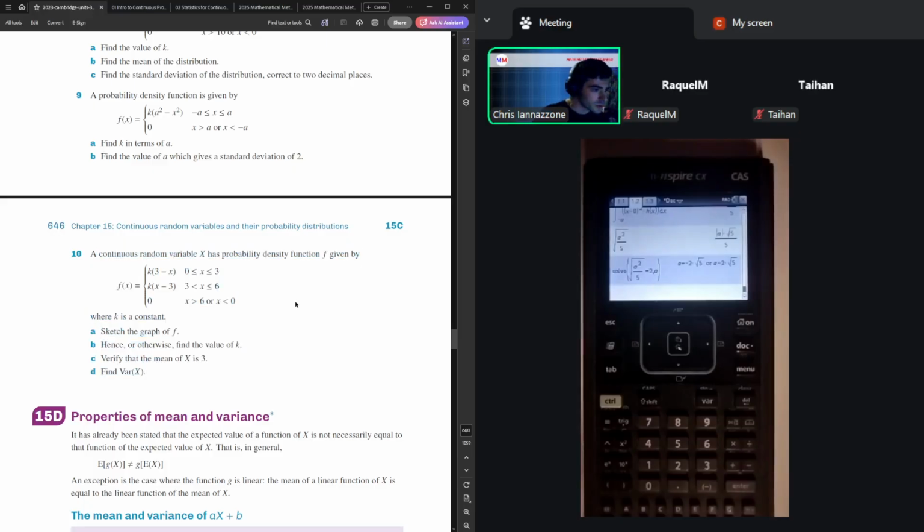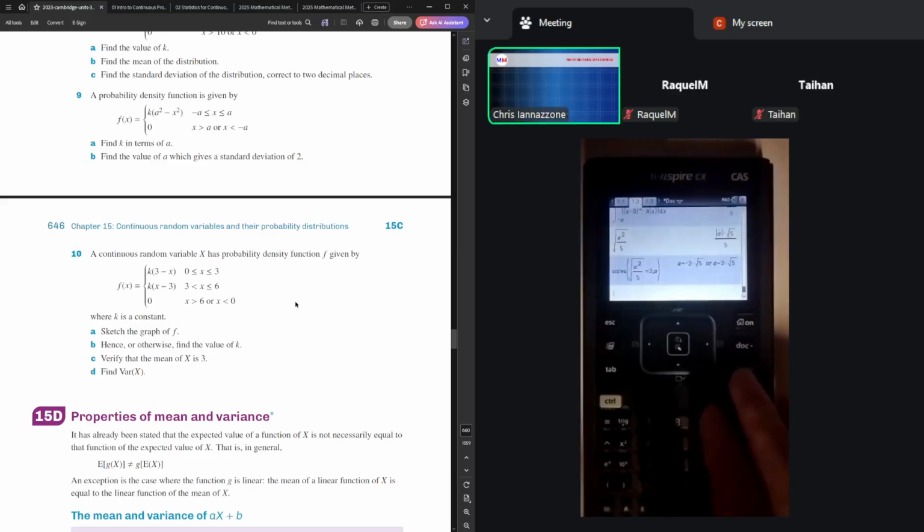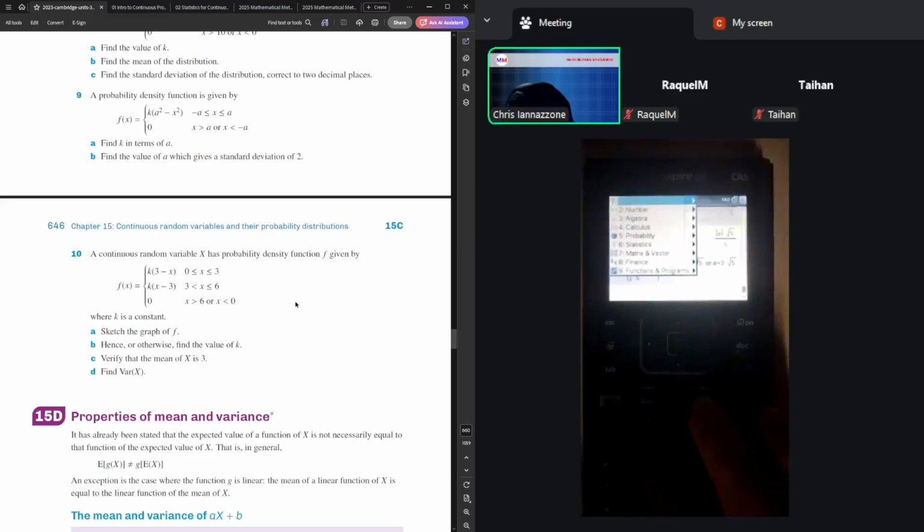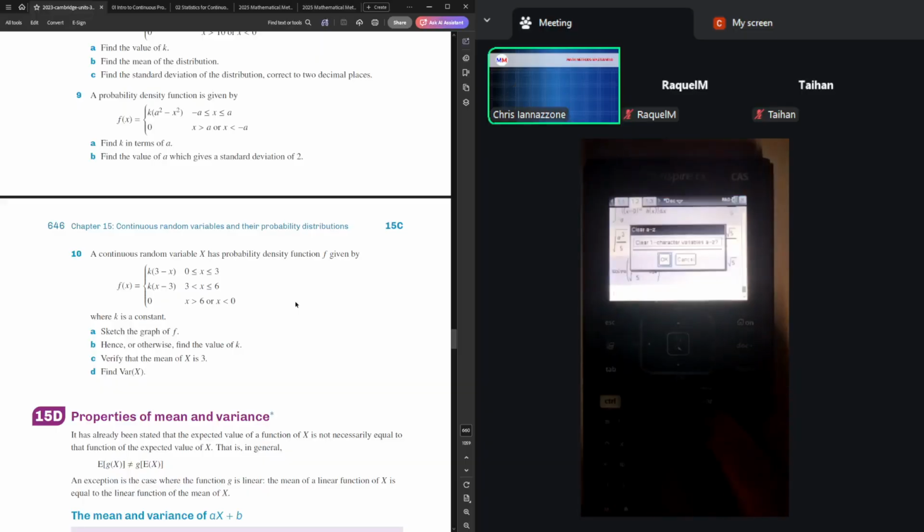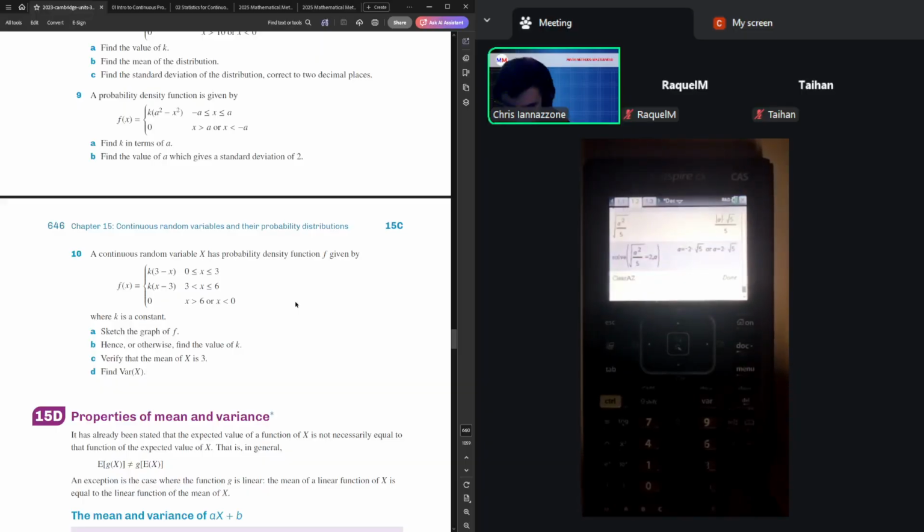Anyway, we're almost there, so I might as well finish off question 10 here. This one does appear to be a fairly simple piecewise, so maybe it is worth just doing the piecewise and then letting the CAS evaluate things from there. So firstly, let me just clear A to Z, just rip all of this stuff out of the CAS.